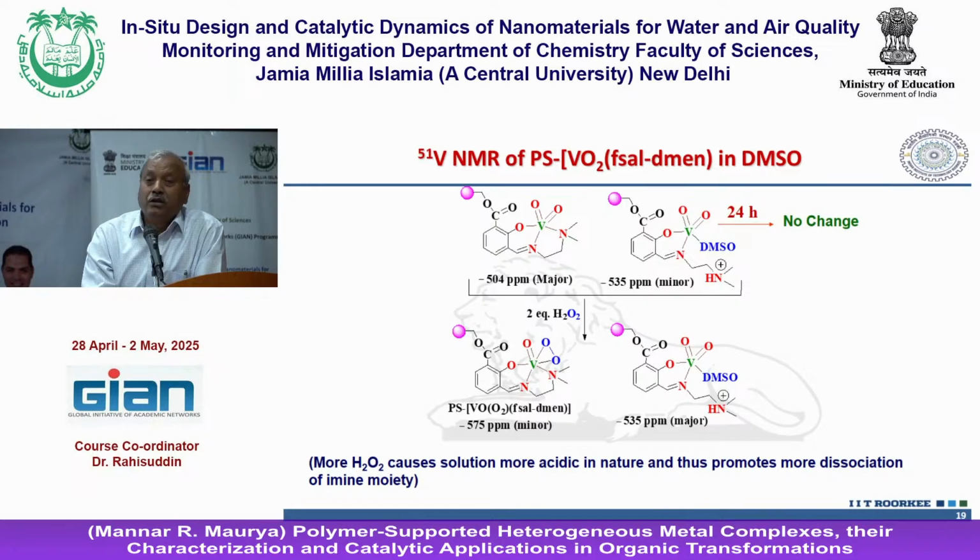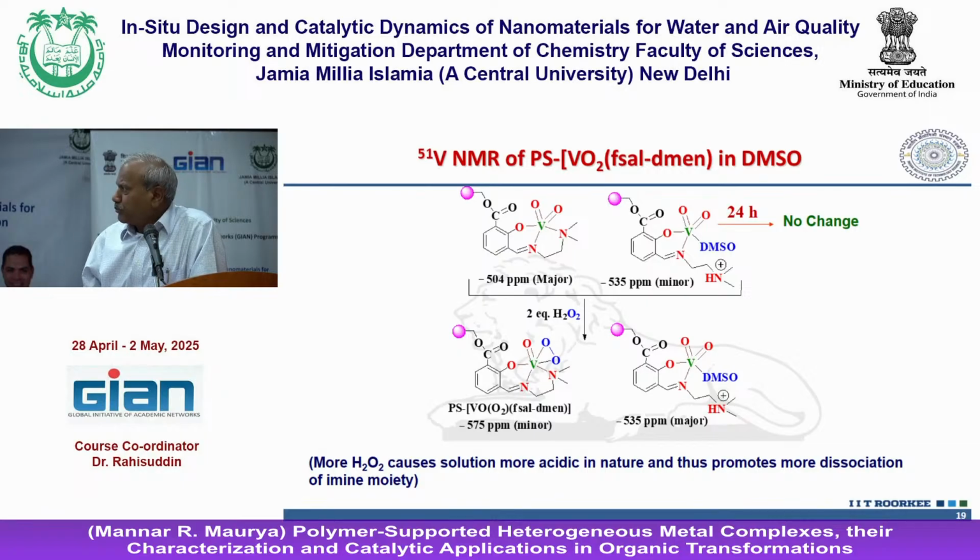But the metal center can be detected here. Based on the peaks observed at, say, minus 535 in this compound, and in the upper one there is minus 535 and also minus 504, the major signal is for the dioxo, and the other signals we interpreted based on the literature as the possible interpretation of this 51V NMR. But it worked, and it showed that we have a metal complex anchored or immobilized on the polymer support.